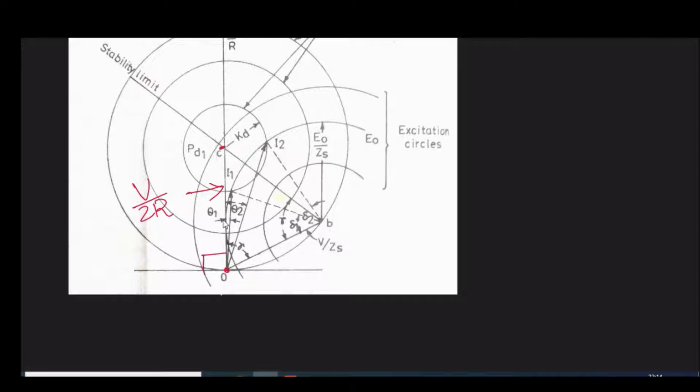Then we draw a circle, and it is quite obvious that the circle will pass through this point O, and that this horizontal line from where we started our drawing will behave like a tangent to this circle.